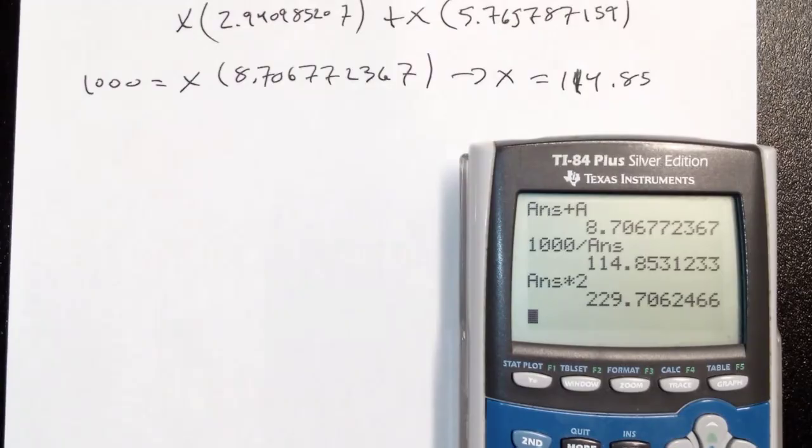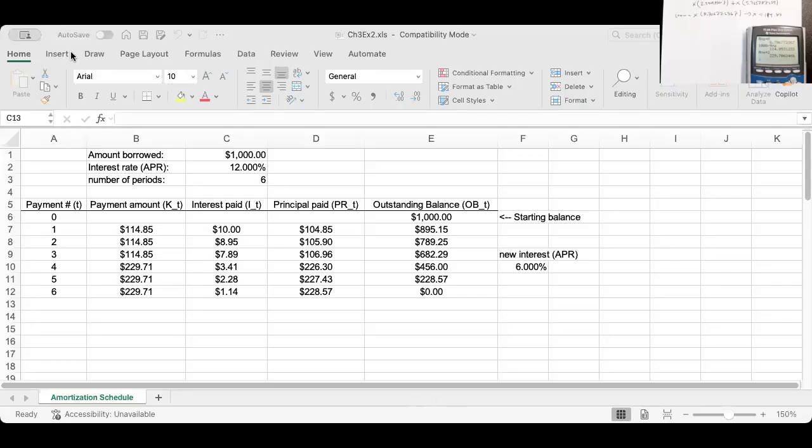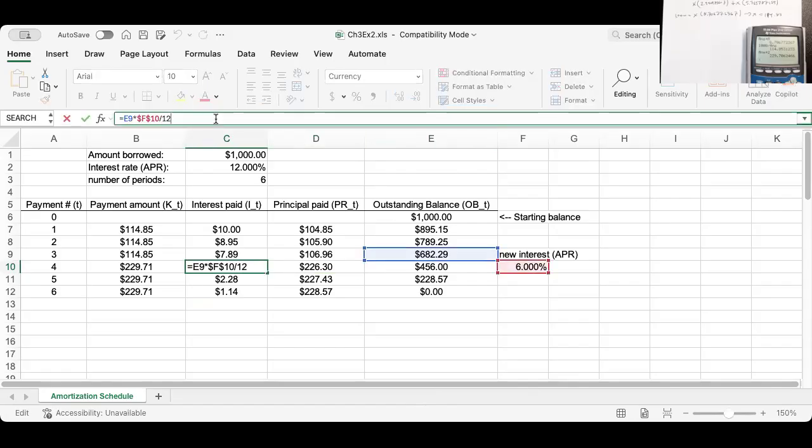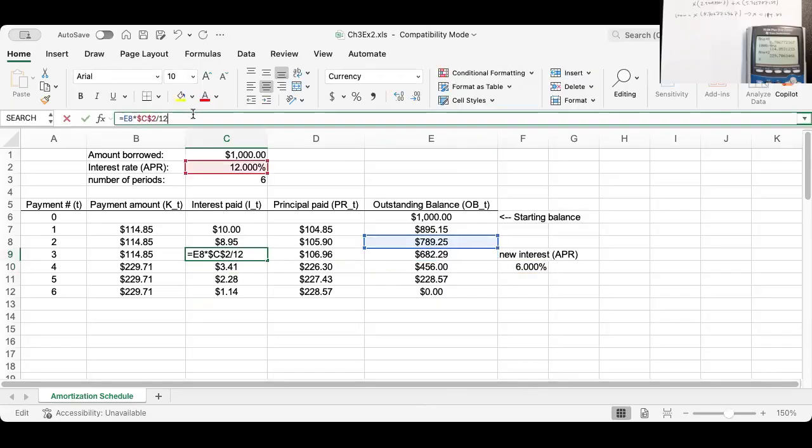Again, I think that's this one. Nope. Yes, it's this one. Here we go. There are my payments, 114.85 for the first 3 months. But notice here is my interest rate change. So all the calculations from this line down calculate the interest using the new rate as opposed to the line above, which calculates the interest using the old rate.